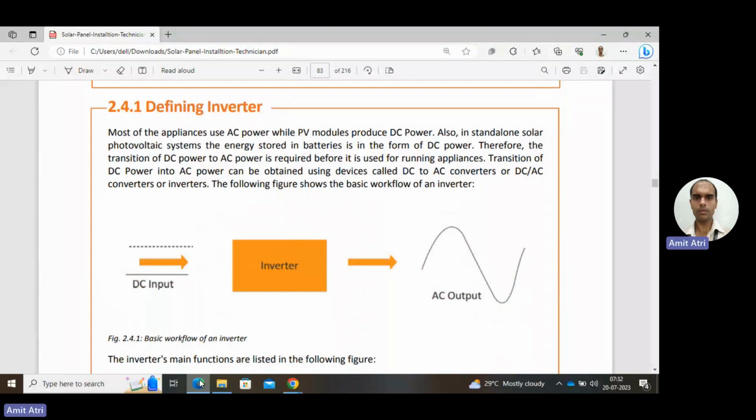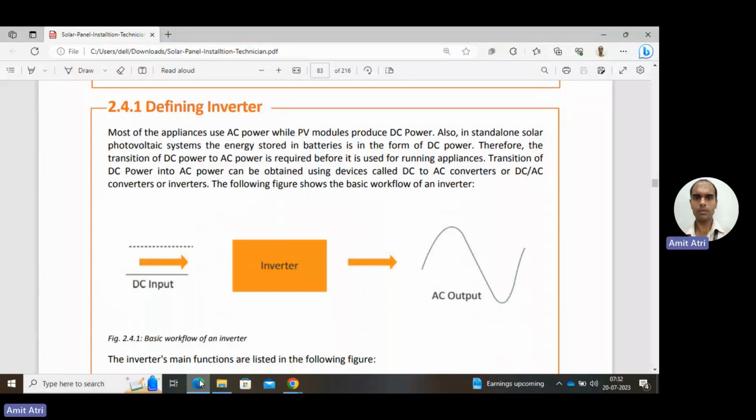Another thing is that batteries are also storing power in the form of DC. So the transition of DC power to AC power is required before we can utilize it for any type of application. We want to run some appliances, some machines. A more common practice is that we need an AC supply.